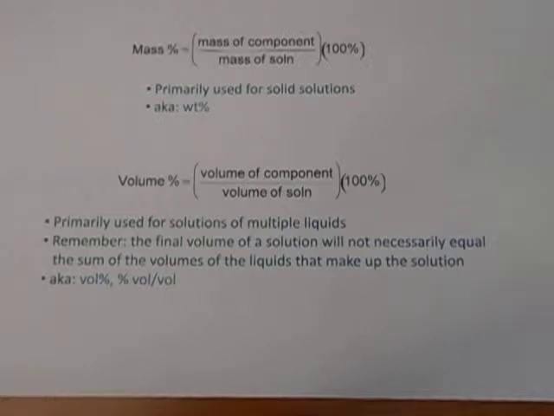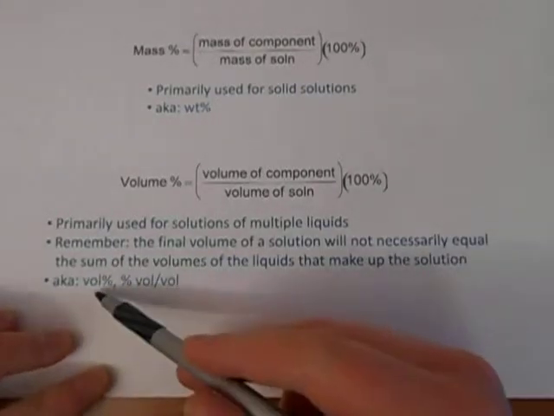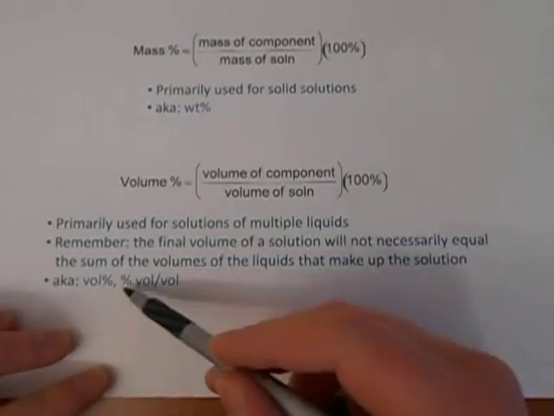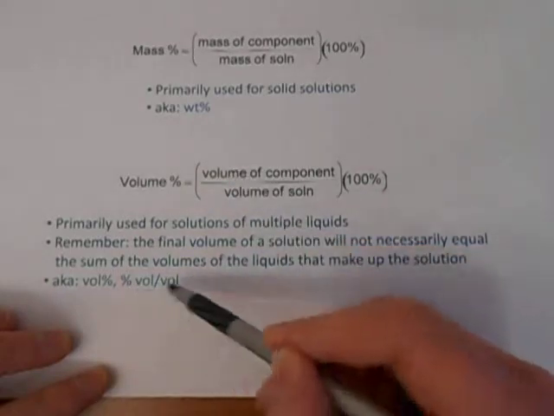Alright, this is why we don't just take our graduated cylinder and mix two solutions together. We always use the volumetric flask so we know the total volume is exactly what we think it is. Okay, and you often see this expressed as just a volume percent or volume per volume.